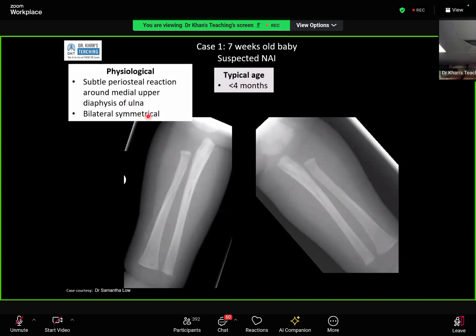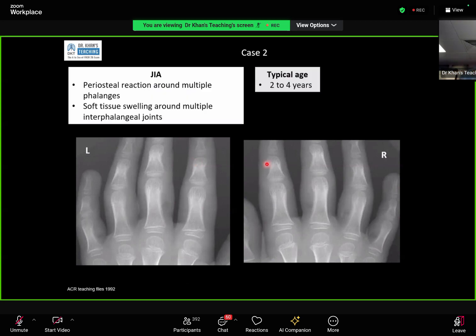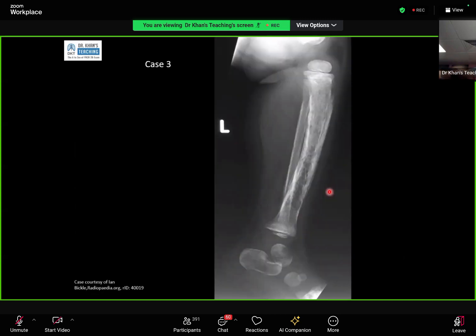It is not like the periosteal reaction which was in your case. This is a case of JIA, juvenile idiopathic arthritis. We will not even consider it in our differential diagnosis. This is 2 to 4 years, and the periosteal reaction is along the phalanges. So we'll not keep it in the differential.